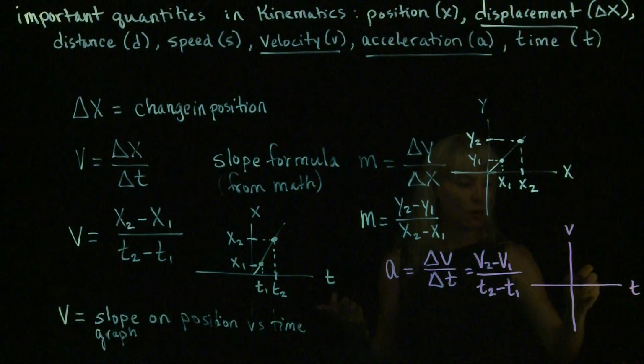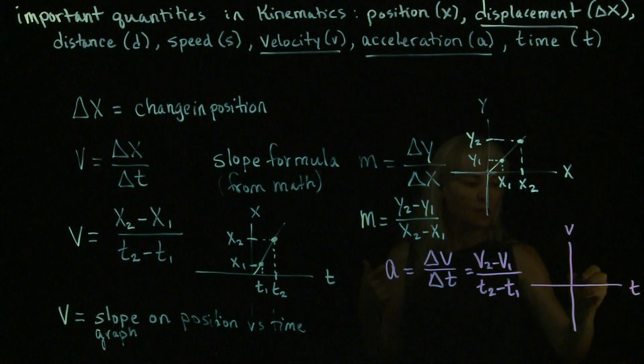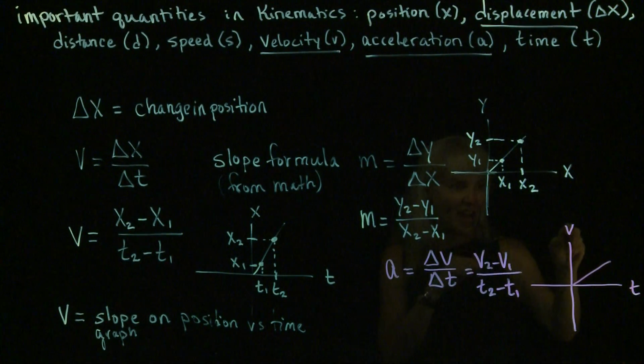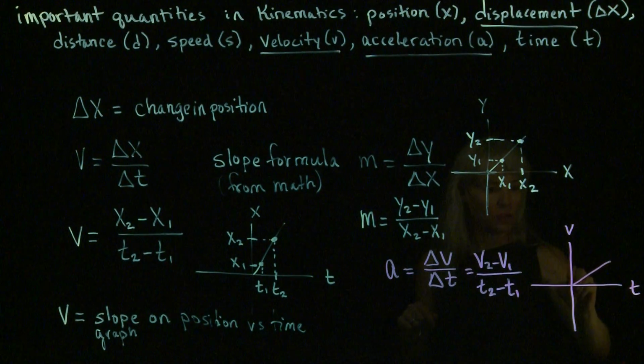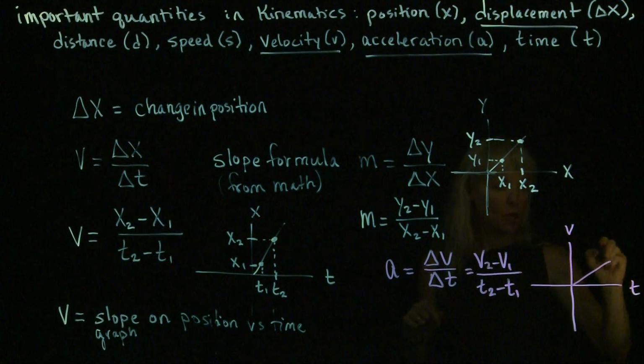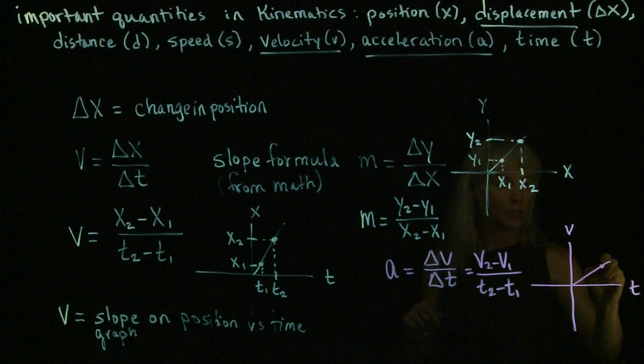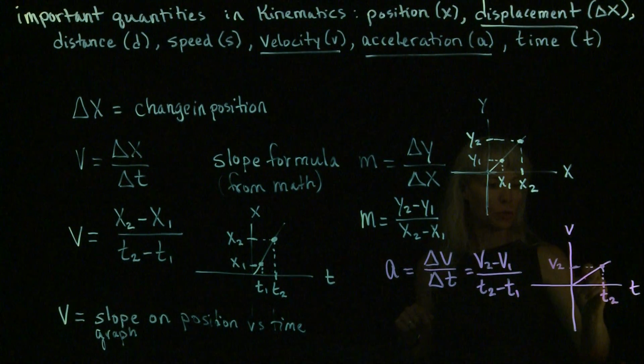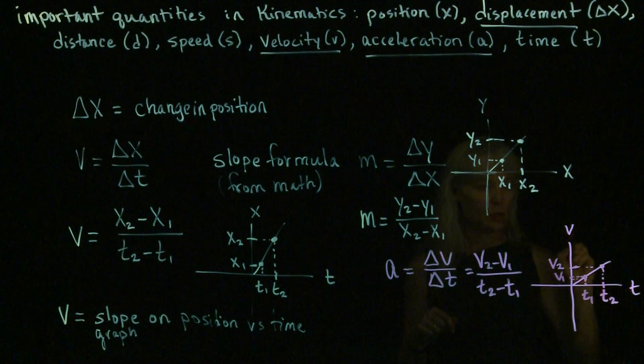And let's say we have an object that again is moving in some linear fashion, velocity with respect to time. So this is increasing velocity over time. And we look at some time t2, and it will correspond to some velocity v2. And some earlier time t1 will correspond to some velocity v1.